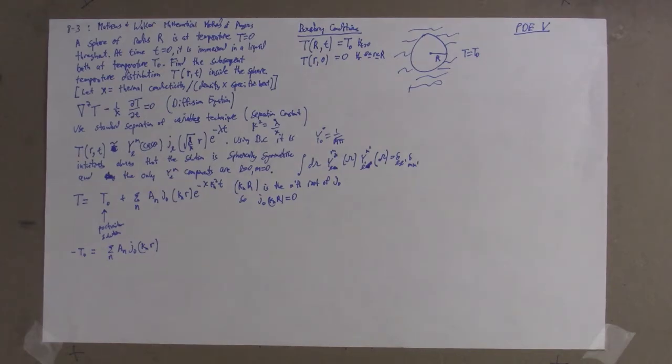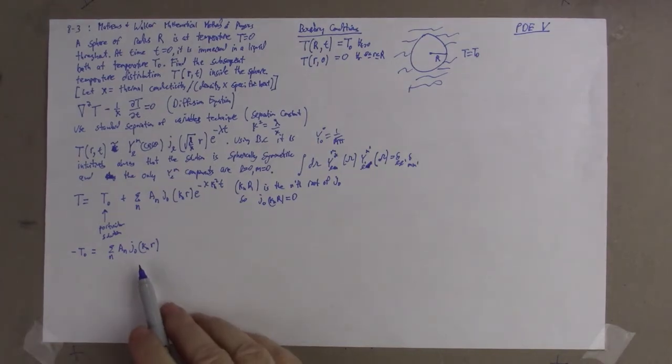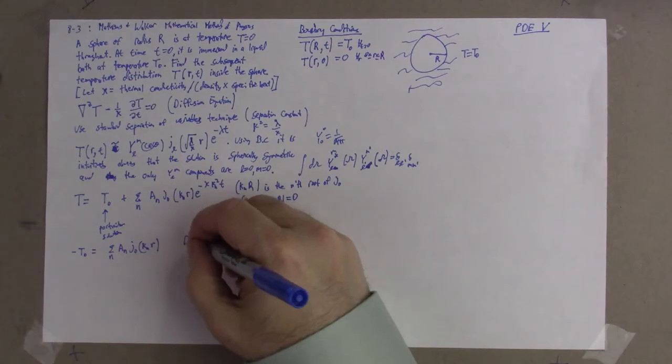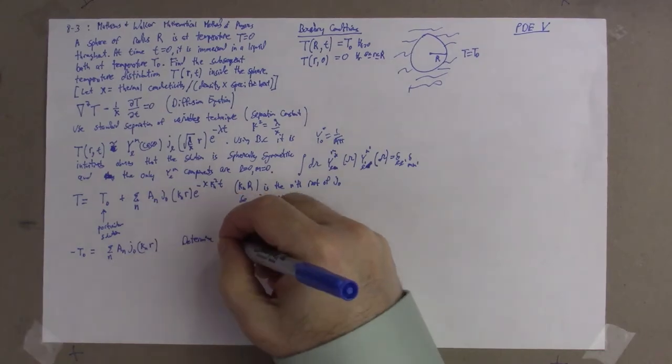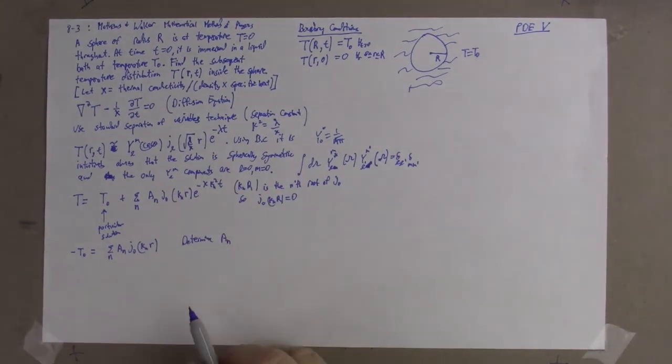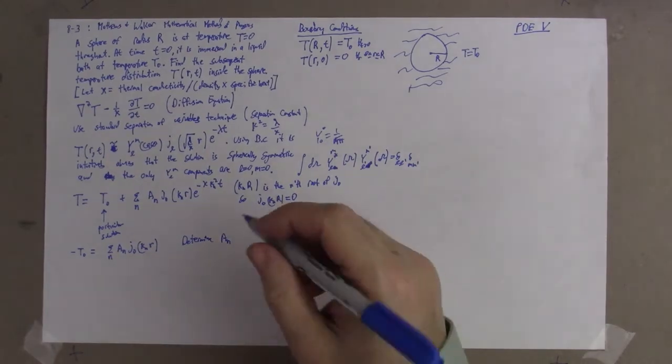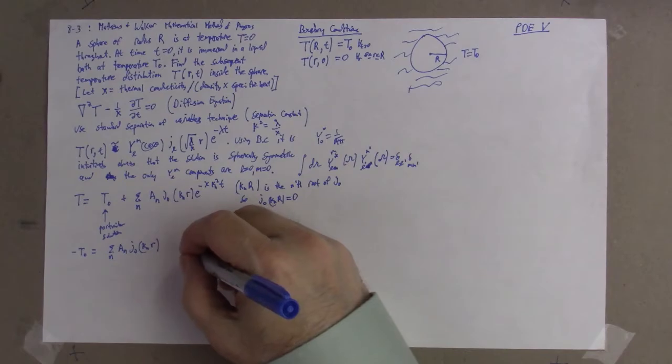So this is the equation that we have to solve, and this is sort of analogous to a Fourier sine series. And we have to determine the coefficients an. So, in analogy with a Fourier sine series, this I think is sometimes called a Fourier Bessel series.